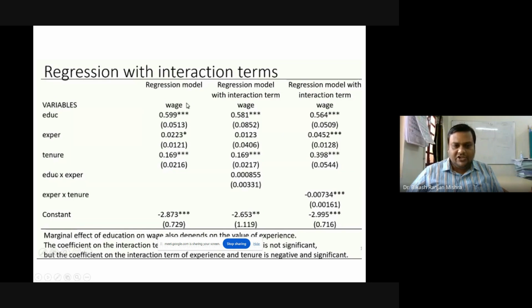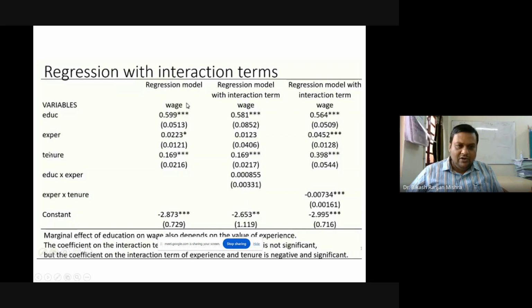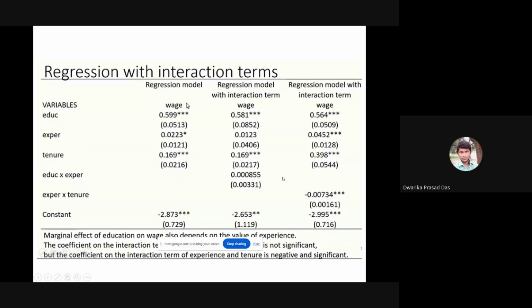The education and experience interaction term is not repeated in the third model, and experience and tenure is not repeated in the second model. So in that way, second and third are different to each other. Model 2 takes the interaction term between the first and second variable, whereas model 3 takes the interaction between the second and third variable. Yes, model 2 is different from model 3. I got it, sir. Thank you, sir.